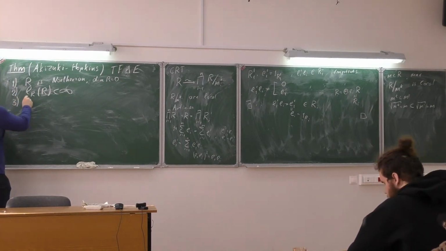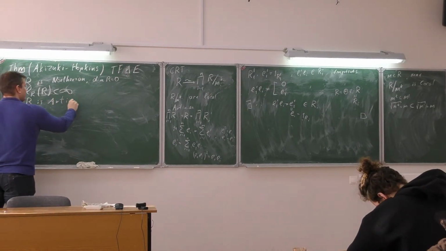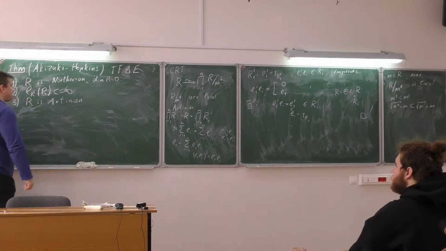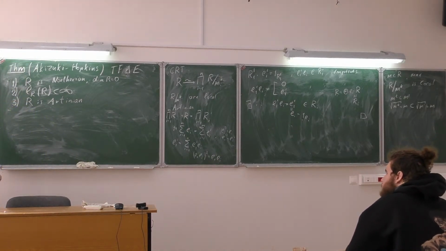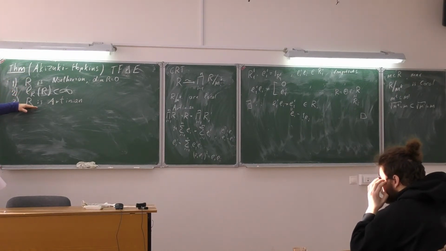Condition 3 is that R is Artinian. Okay. So this condition 2 is kind of an additional condition, but it's very convenient to have this in the proof. Usually, Hopkins theorem is a theorem that a ring is Artinian if and only if it is Noetherian and of dimension 0.